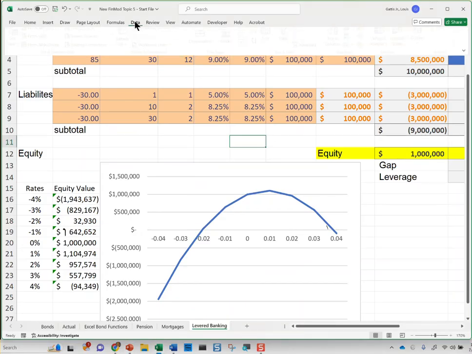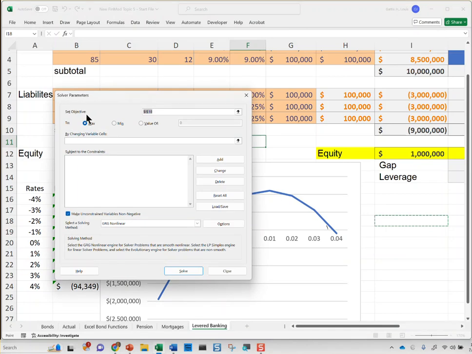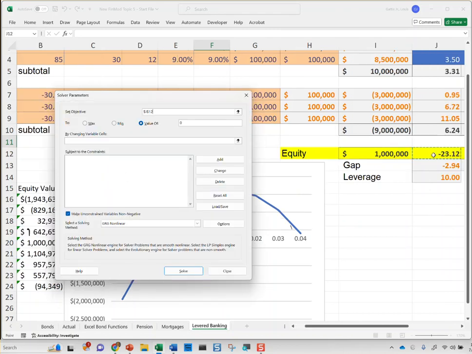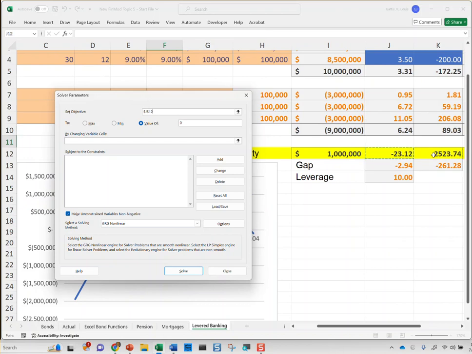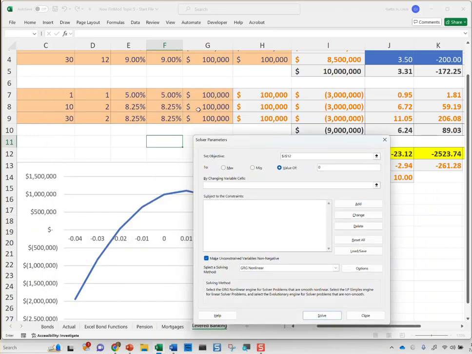Data, Solver. I want to set equity duration, negative 23 units, to a value of 0 by changing the quantities of bonds I'm going to buy.